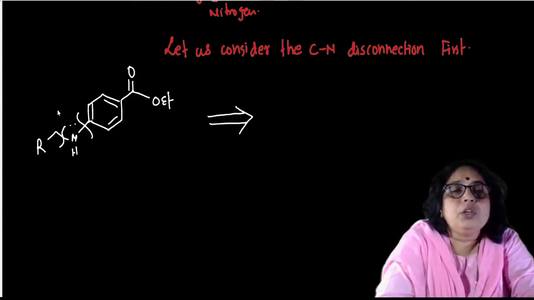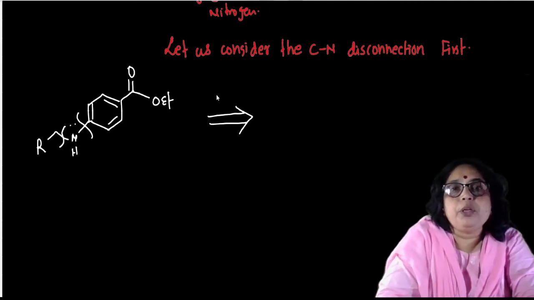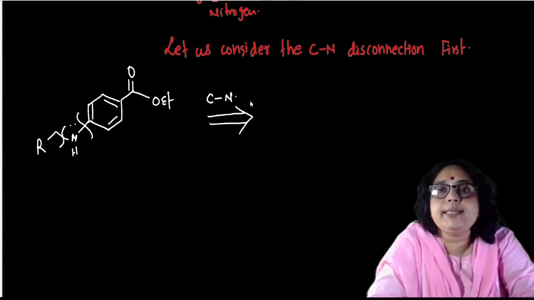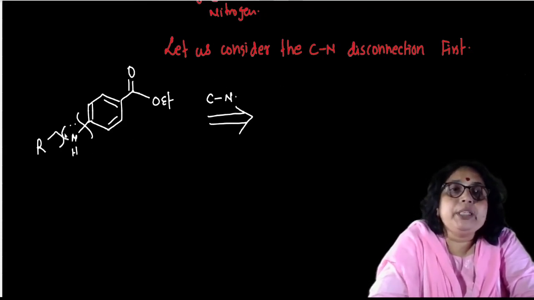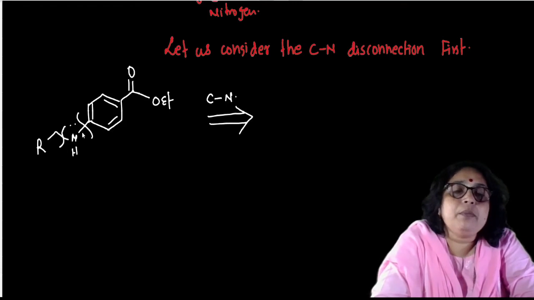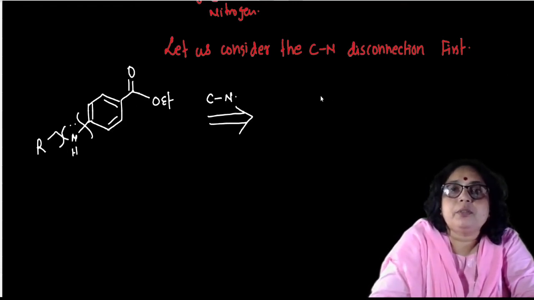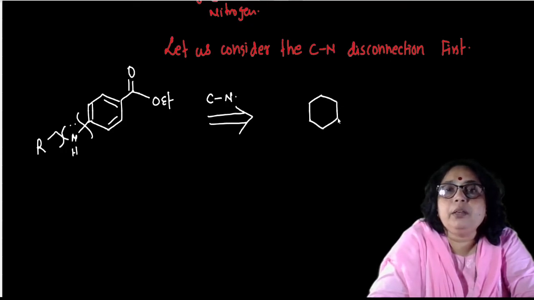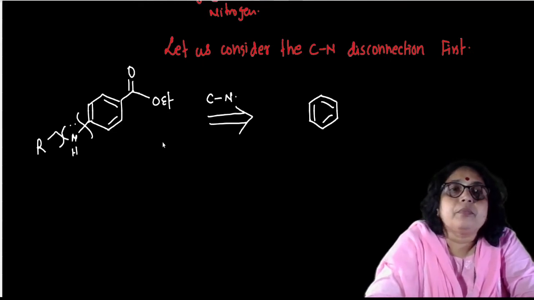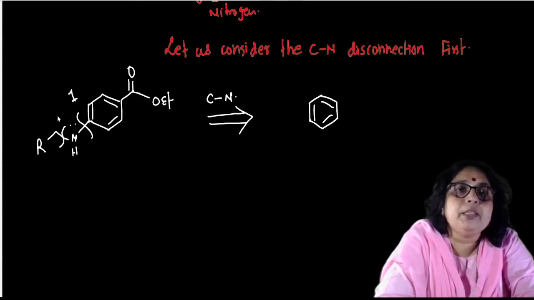You can see that there are two centers. So where do I put the disconnection? We know that I am going to disconnect the CN. But which CN am I going to disconnect? This one or this one. So let us see both possibilities first. Here again, this is the first pathway and this is the second pathway.